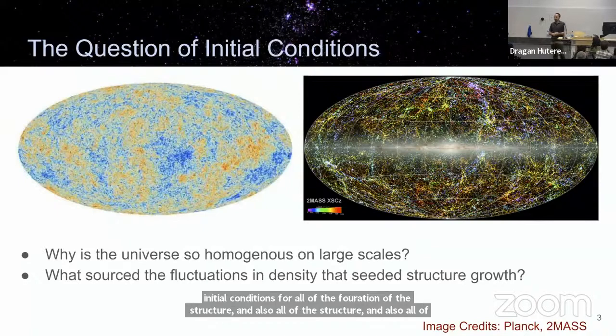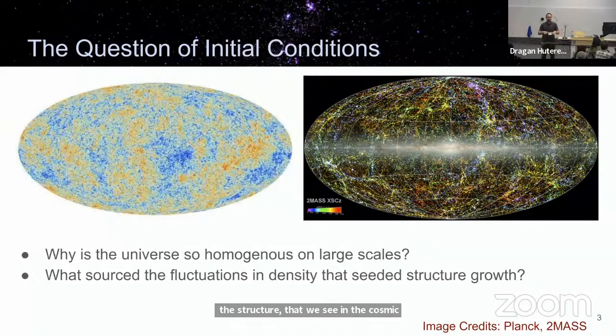Today, we want to answer the question of why the properties of the universe, averaged on large scales, are so uniform, and what set up the conditions for the little density fluctuations that have seeded the structure throughout the universe. I'll sharpen those questions as we go, but we will see that cosmic inflation does very well to answer both of these questions. We'll start by answering the first one, and then we'll get into the second one, which will take the majority of the time.